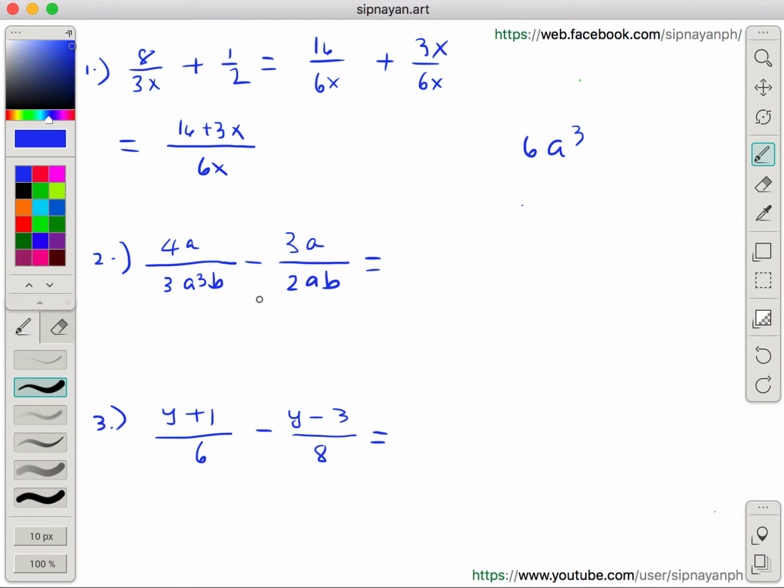For b, both have b, so we place only one b. So the LCM is 6a cubed b.